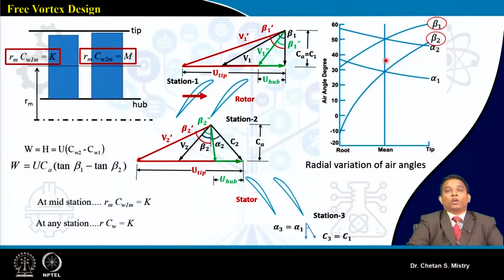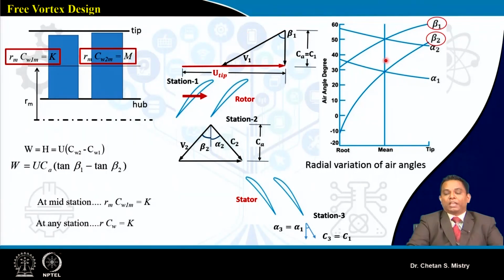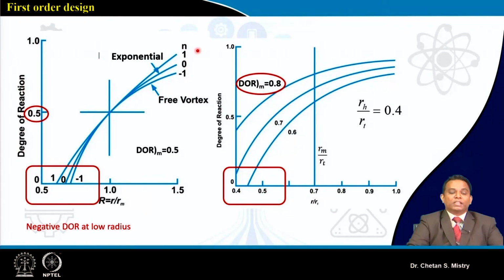And if we go back and try to look at what is happening, we have realized that we will be having the variation of degree of reaction. We can say when I have n equal to 1, that gives the free vortex concept. When I take n equal to 0, that gives me the exponential design concept, and n equal to 1, that gives the first order design concept.